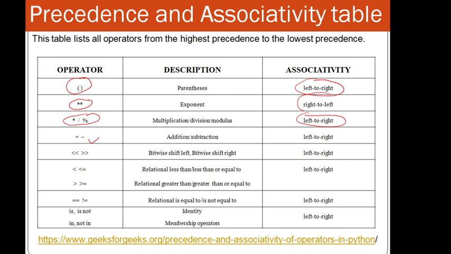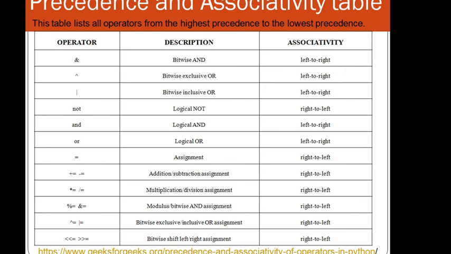Then we have plus, minus, shift left, shift right, less than or equal to, greater than or equal to, not equal to, is not. This is the identity and membership. So this is the hierarchy of all the operators that are available.